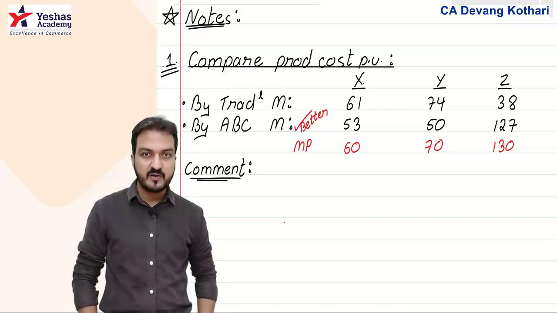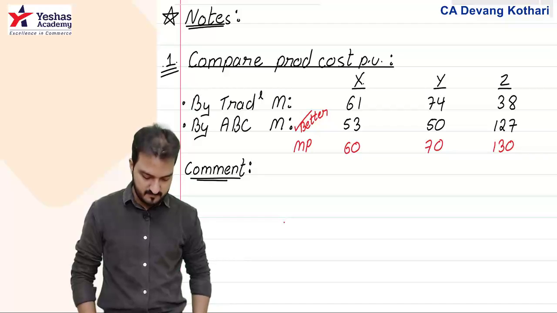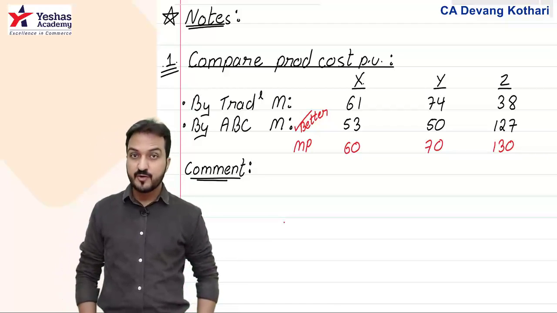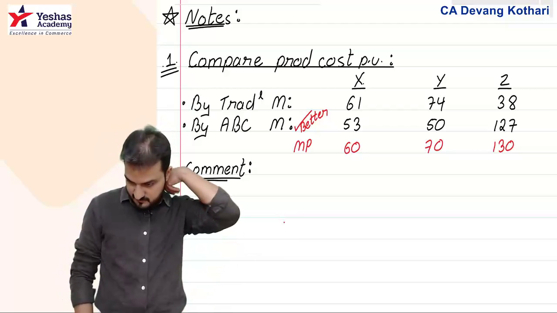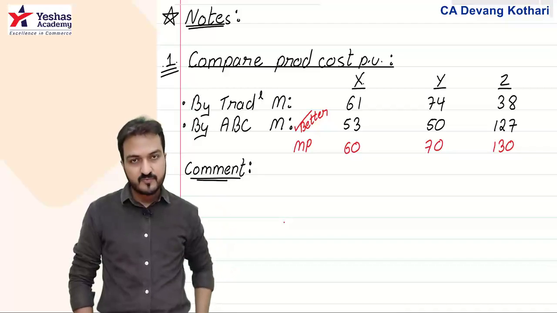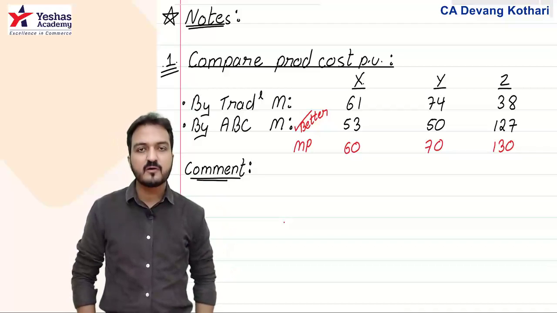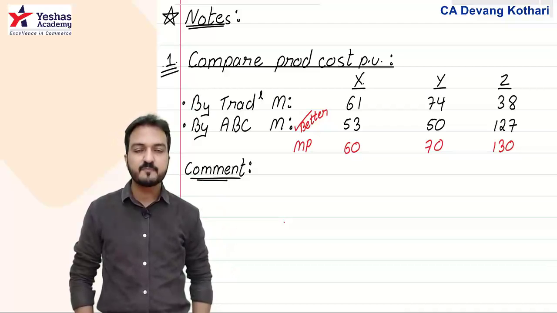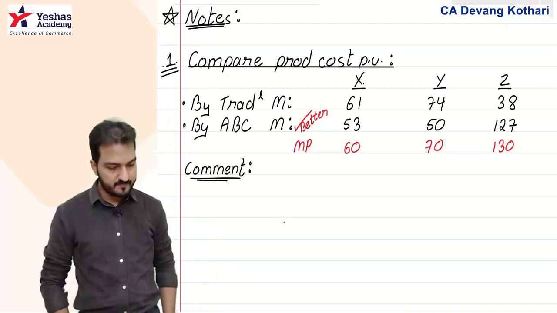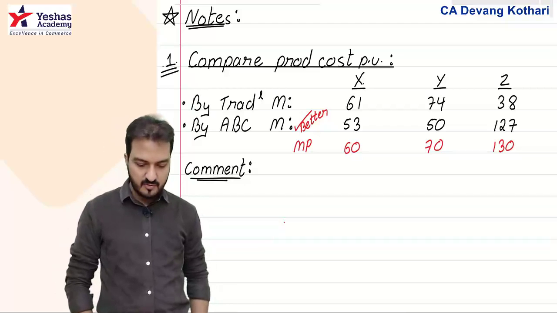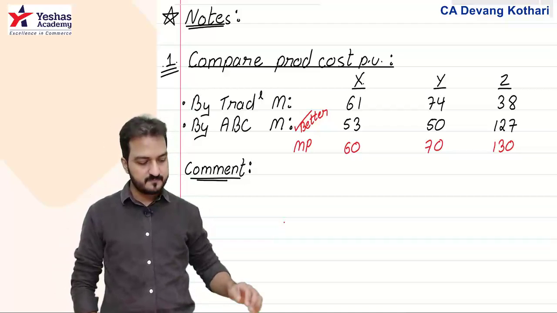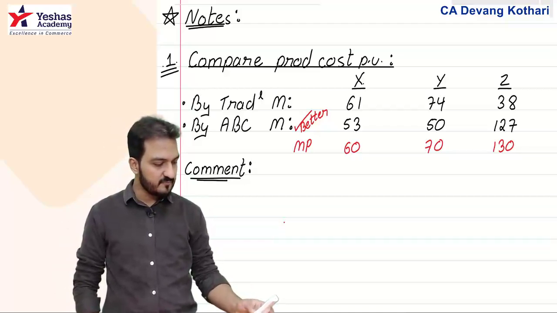All this is happening because traditional method wrongly gave a higher estimate of cost.